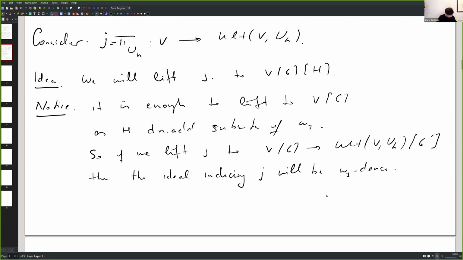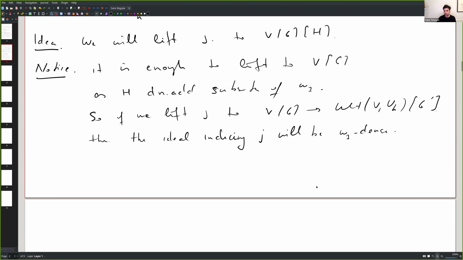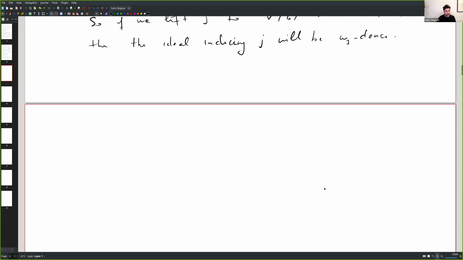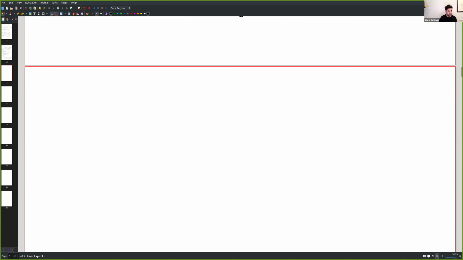Now, if you have seen this kind of lifting argument, what you usually do, since Arigit and Olaf probably haven't seen it, just general remarks on lifting embeddings.